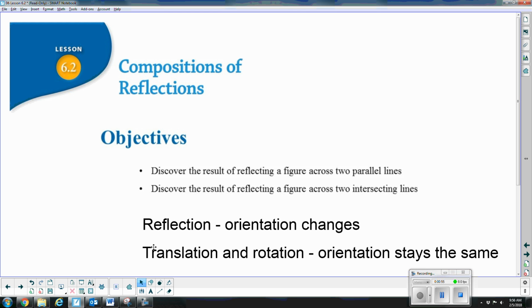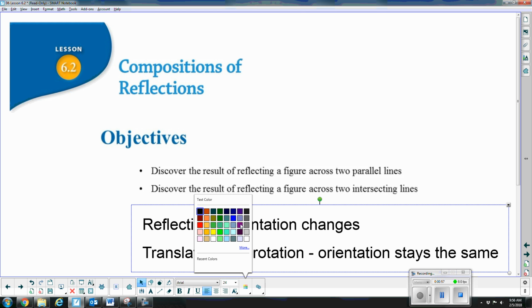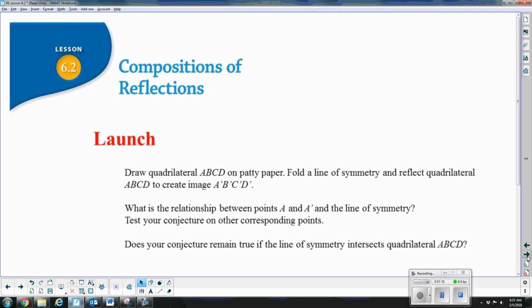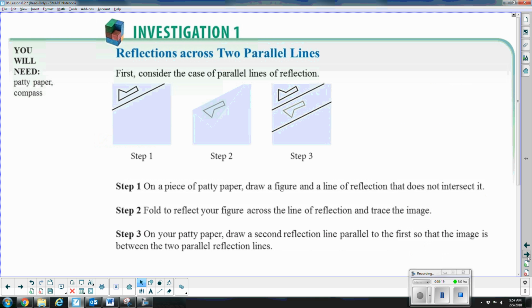That's kind of an important key concept in this lesson, and we talked about this previously in chapter 3. With reflection over one single line of symmetry, or one single line of reflection, the orientation changes. It flips, it gets reversed.